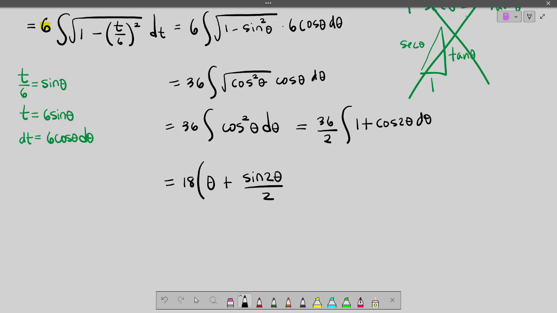Reverse chain rule says we have to divide by 2. So we get to that position. Sine of 2 theta is an identity. Sine of 2 theta is 2 sine theta cosine theta. Double angle identity. The 2's will cancel.